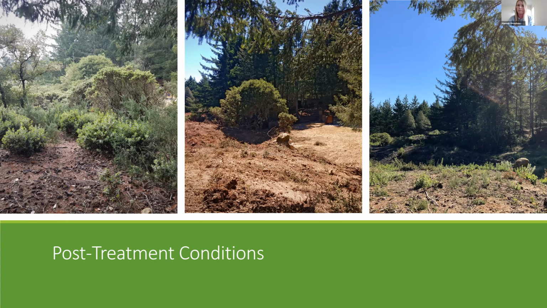And then the far right is from February this year, so about 1.5 years after the work was completed. And you can see that there's much more green returning. A lot of what you see growing on the ground are manzanitas, those desired native species that we want to see grow back. And so I just wanted to highlight that as a good example of how things will look visually over time.